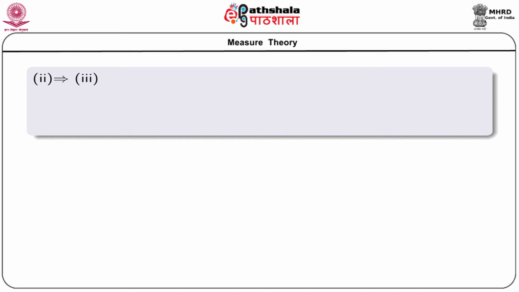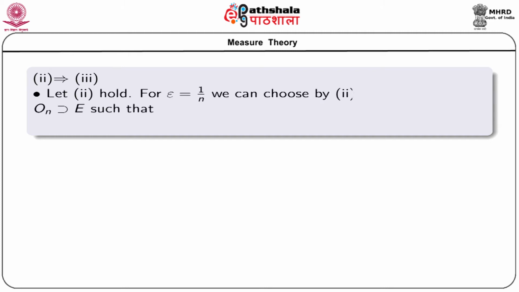Now, we go to the assertion 2 implies 3. Let 2 hold, that is, for any epsilon greater than 0, we can find an open set O containing E such that mu star of O minus E is less than epsilon.